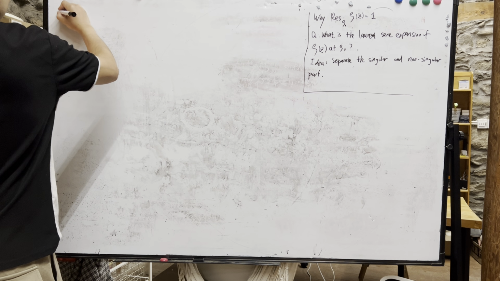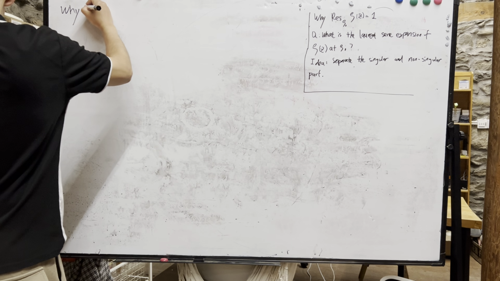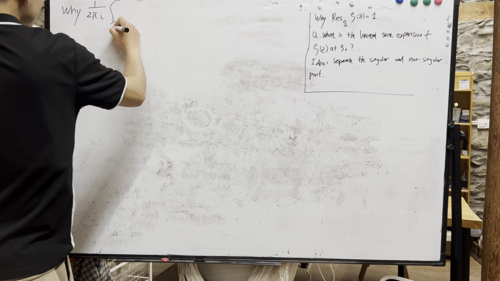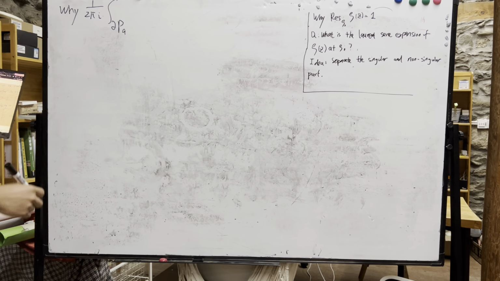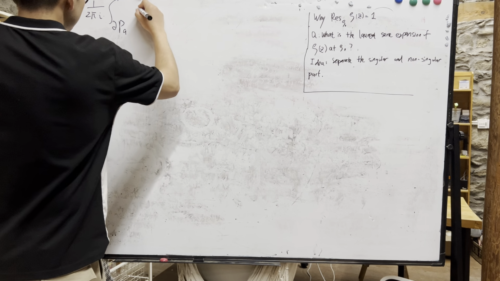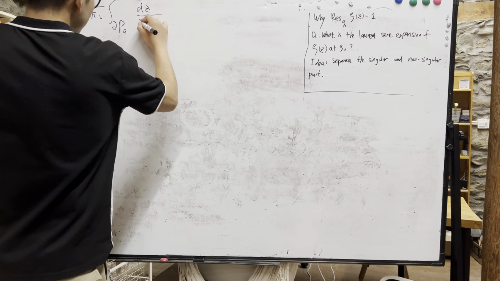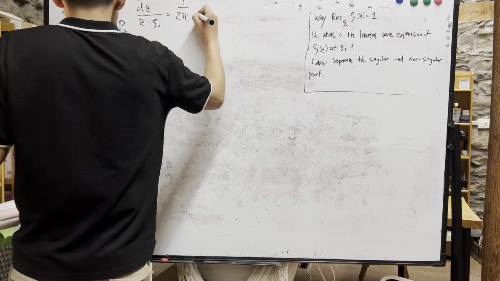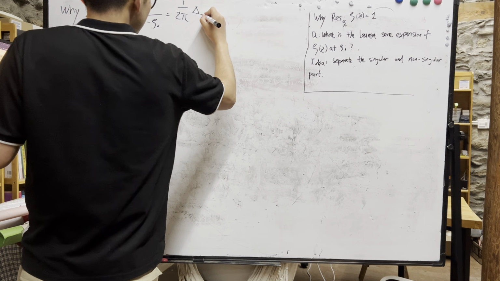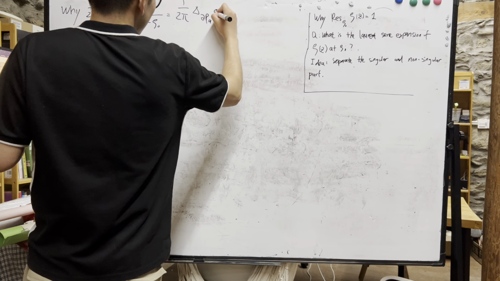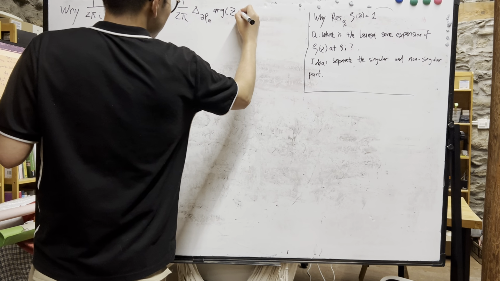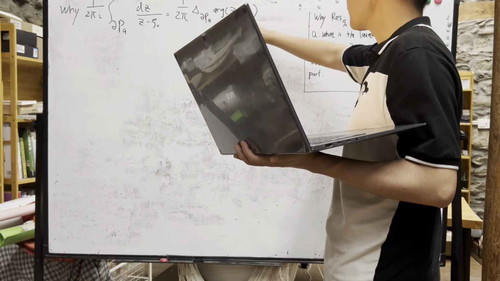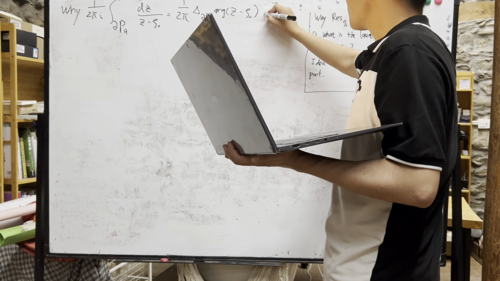Our main problem is: why is 1 over 2 pi i integrating over the boundary of the parallelogram dz over z minus zeta naught equal to 1 over 2 pi of the change of the angle of z minus zeta naught as z goes through the boundary, which is equal to 1?